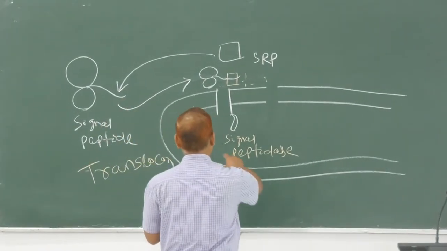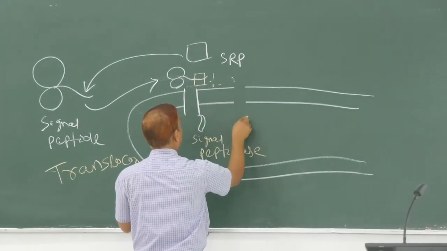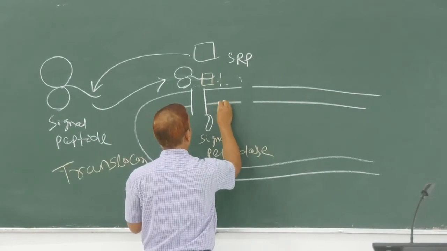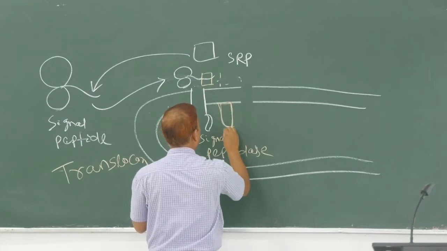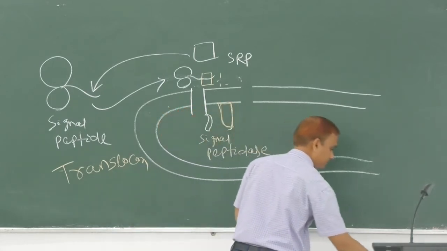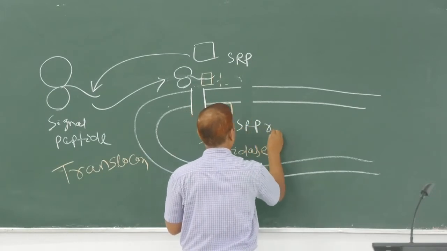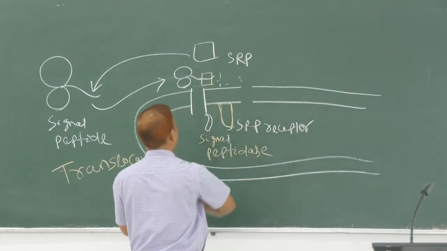After binding, here one receptor is there. What is that receptor? That is the SRP receptor.